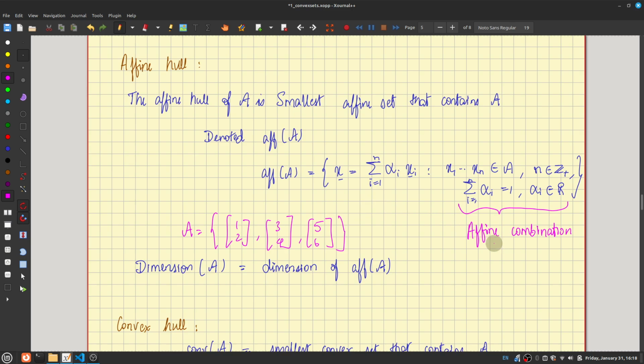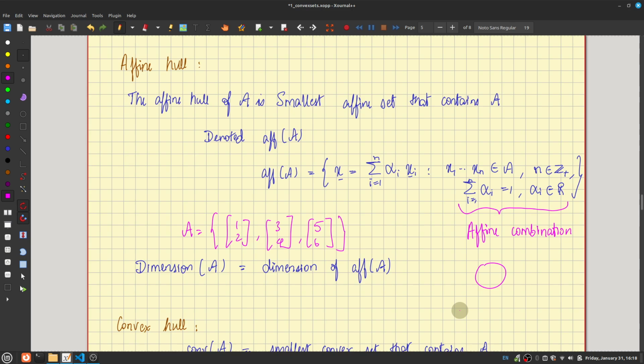So, for instance, if I take a circle in R3, what would be the affine hull, or what would be the dimension of this circle? Basically, you take an infinitesimally thin ring in R3.